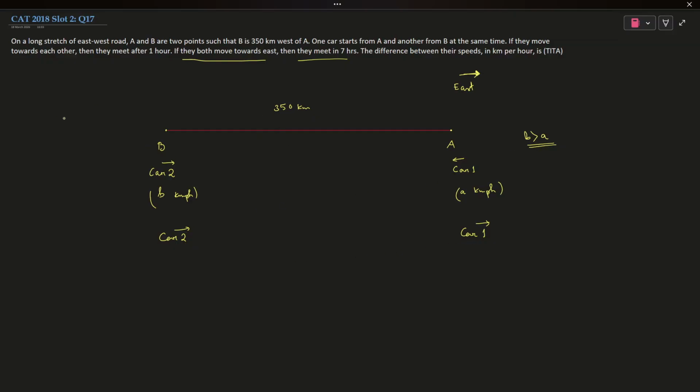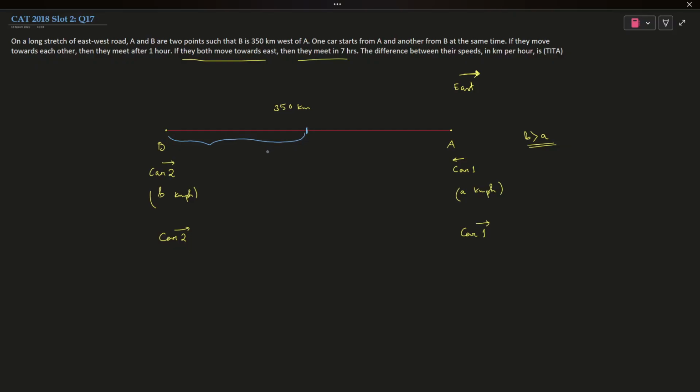So as per the first case, they meet after 1 hour. They started at the same time and they meet. That means the time taken to cover their respective journeys will be equal. Let's say after 1 hour, B covers a distance till here.